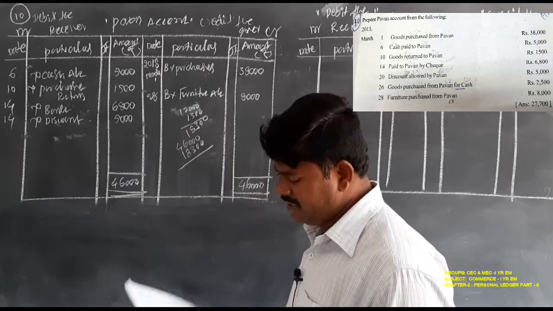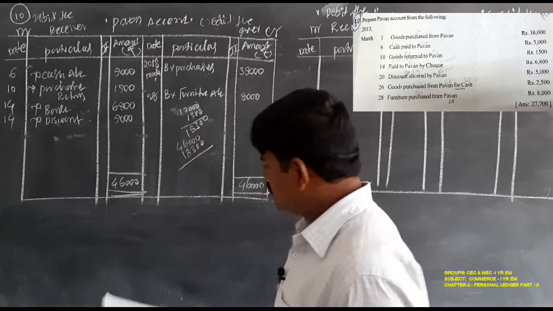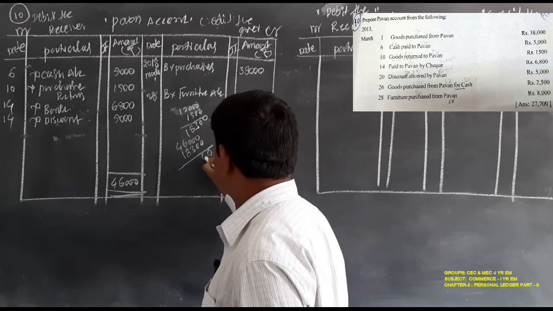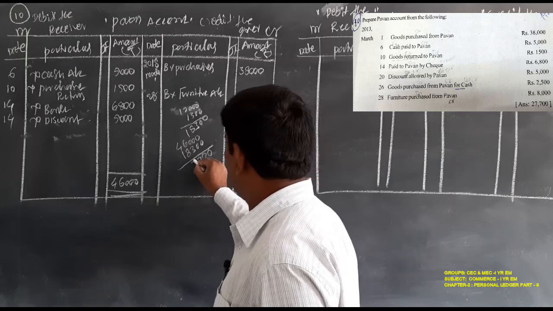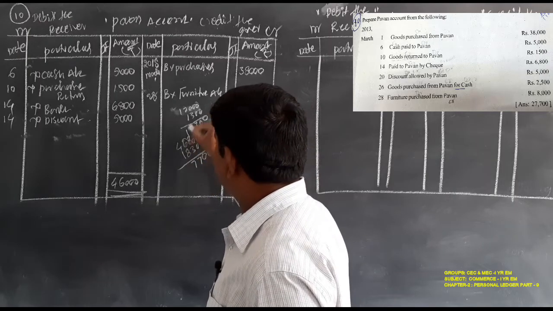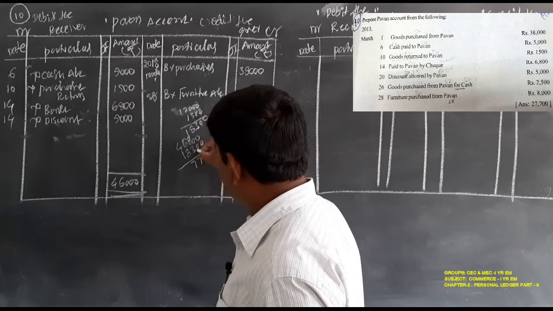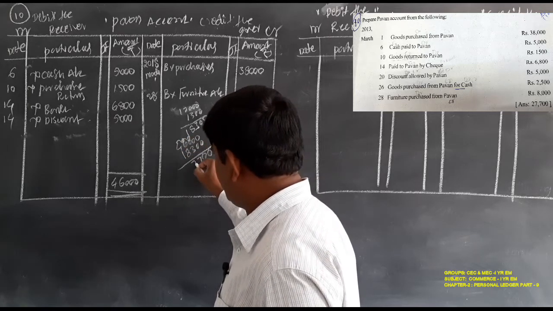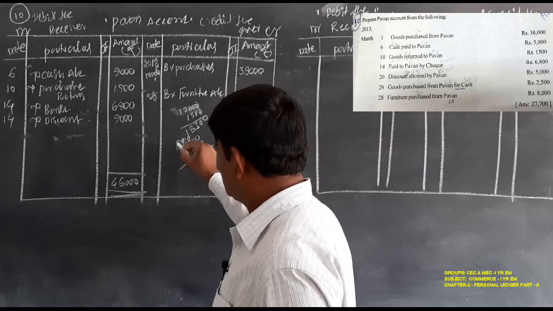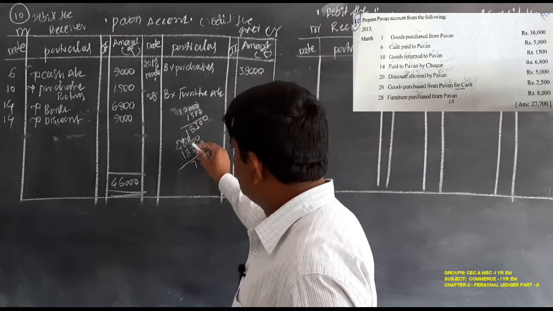The balance is 27,700. 0, 0, 7, 7. As per borrow, 10 minus 3, 7. 15 minus 8, 7. Next 3 minus 1, 2.